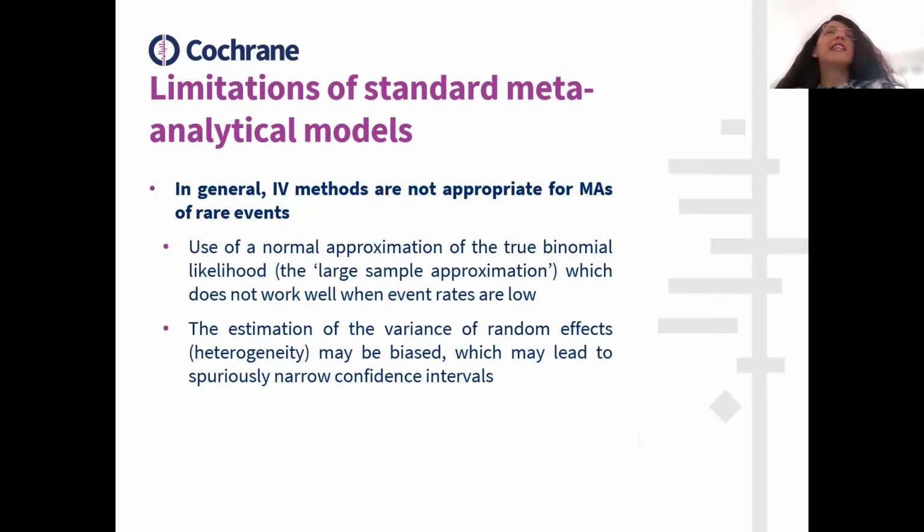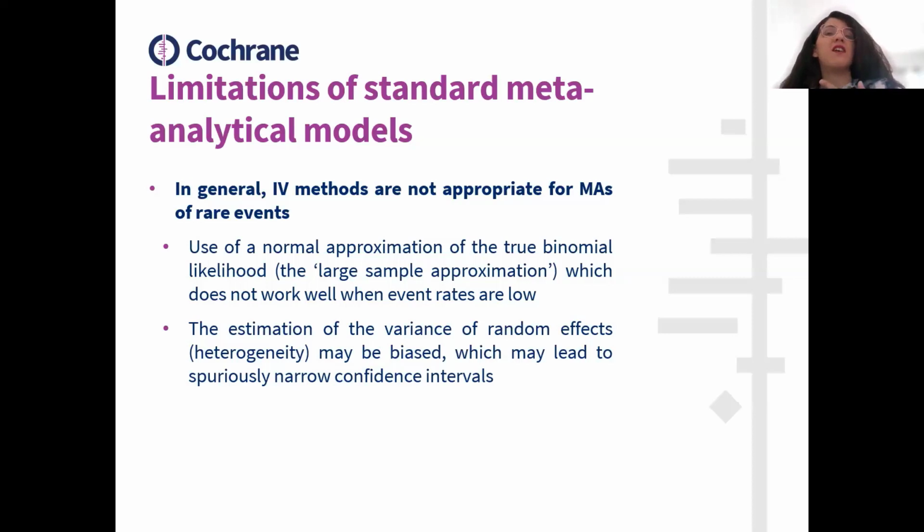Limitations of standard meta-analytical models when we analyze rare events are quite a few. First of all, the inverse variance methods are not appropriate at all for meta-analyzing rare events. That is because we use a normal approximation of the true binomial likelihood, the large sample approximation, which does not work well when event rates are low.